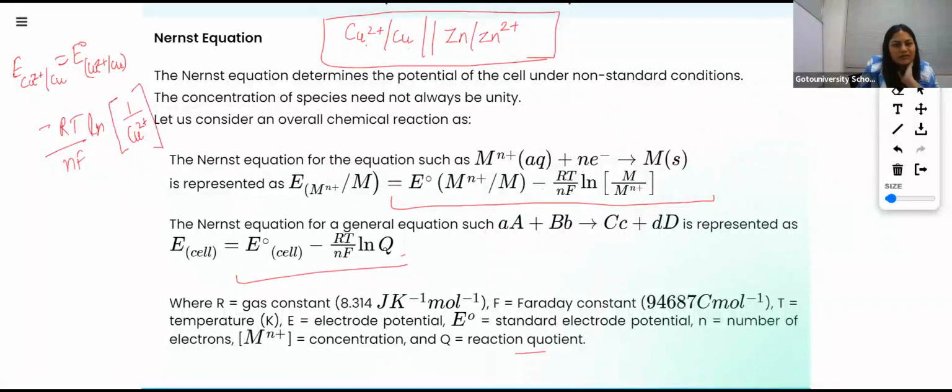Similarly, we can write for the other reaction. This reaction is taking place at which side, cathode or anode? At the cathode.